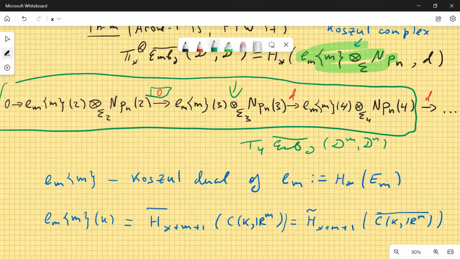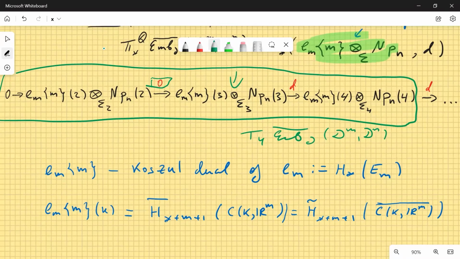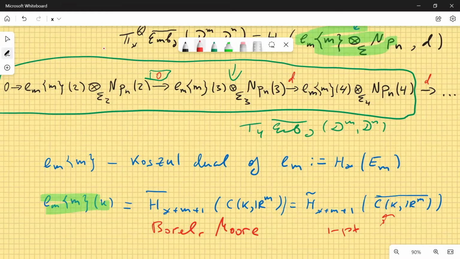Also, more geometrically, every component here of this Koszul dual operad can be described as a Borel-Moore homology of the configuration space of K points in R^M, or in other words, it's the reduced homology of the one-point compactification.